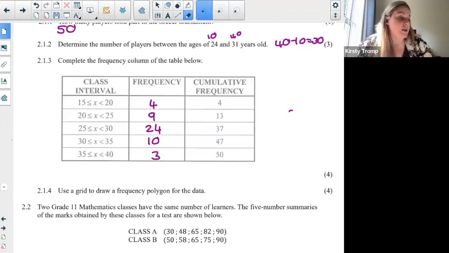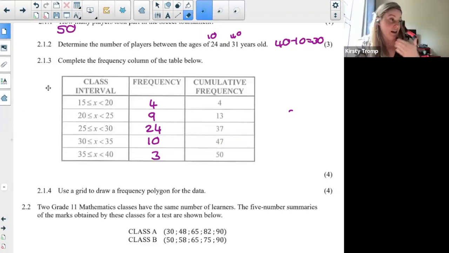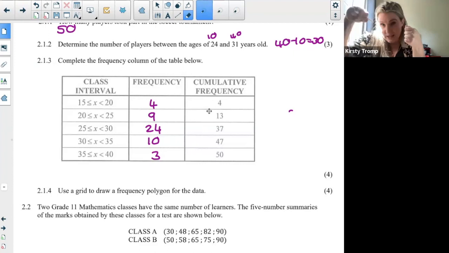Puleng, I don't know if this will help you, but when I like to picture things in my mind, I think of cumulative frequency being like a measuring jug. Okay, first of all, I pour in 4 milliliters because that's the frequency. What's my measuring jug going to say? 4 milliliters. Then I throw in another 9.